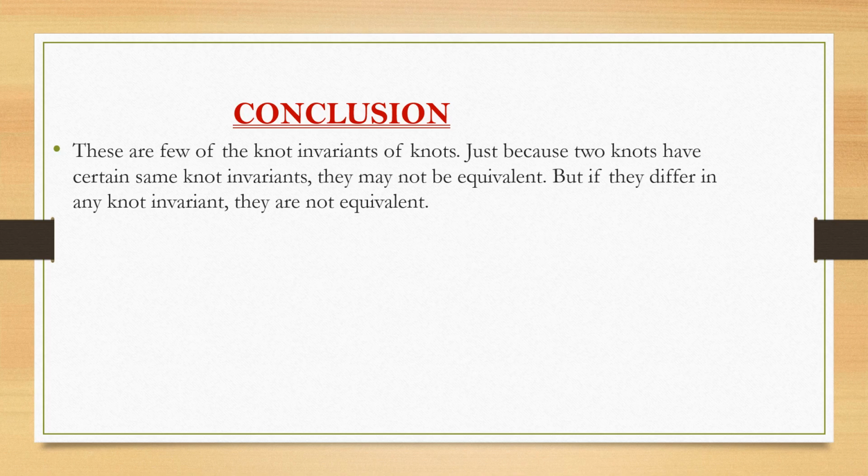And this particular branch of mathematics has wide applications, especially in genetics, in DNA synthesis and recombinations as well, because you can consider a circular DNA as something like a knot, and also in chemistry, in the synthesis of chemicals, because if you're given different atoms, you can join them in more than one way.